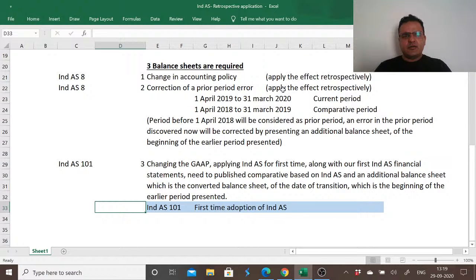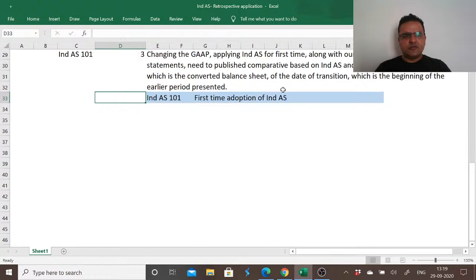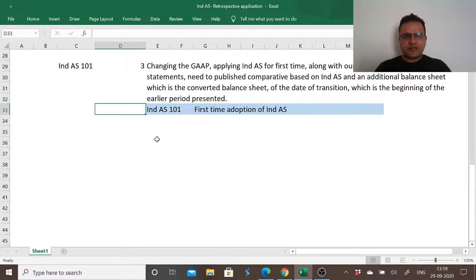So we would have been in trouble trying to apply the effect retrospectively. So Ind AS 101 helped us with the transition and gave us relaxation in applying the effect retrospectively. So what is the relaxation available? The relaxation available through Ind AS 101 is that there are two kinds of exemptions given to apply the effect retrospectively.